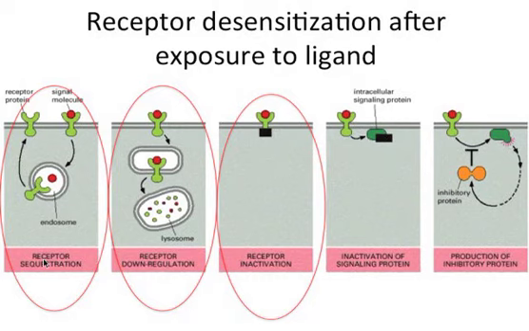You can have degradation, right? So you can either sequester your receptor, you can actually send it to the lysosome and degrade it, or you can inactivate it by having some kind of protein bind to the cytoplasmic domain of your receptor. And then there's some other things also.